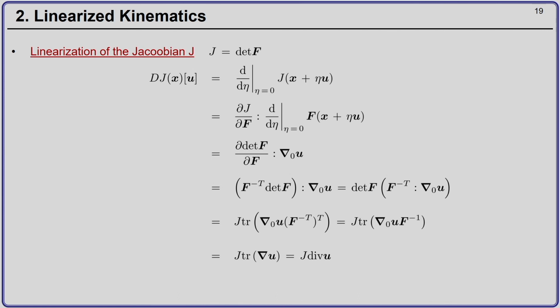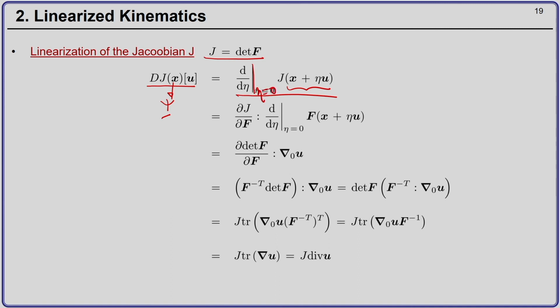So, J is nothing but the determinant of F. The directional derivative of J evaluated at x, I can also write this as psi, no problem, in the direction u is nothing but d by d eta of J evaluated at x plus eta u, and then putting eta equal to 0.